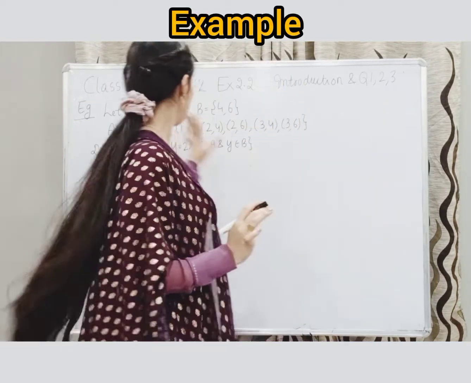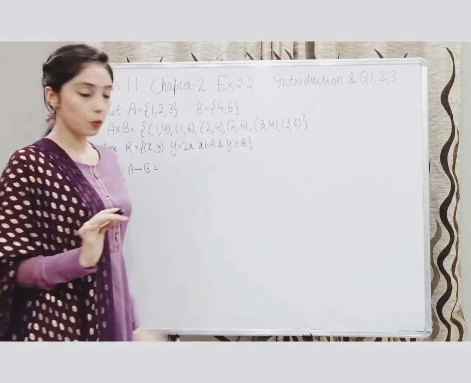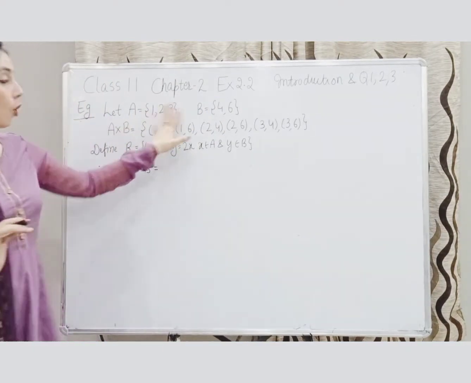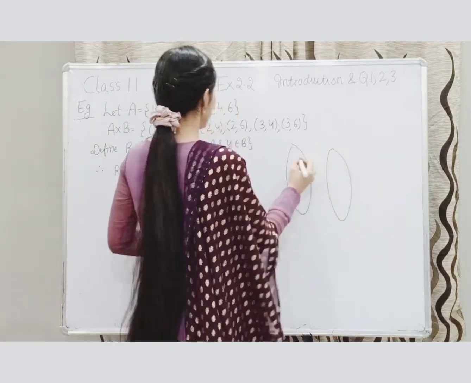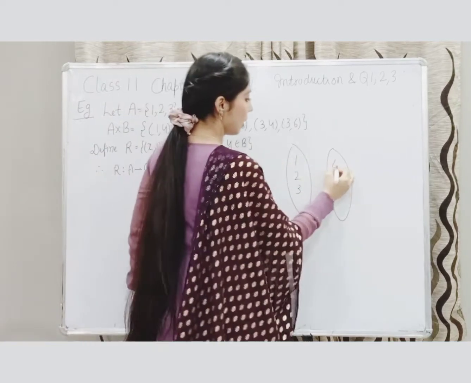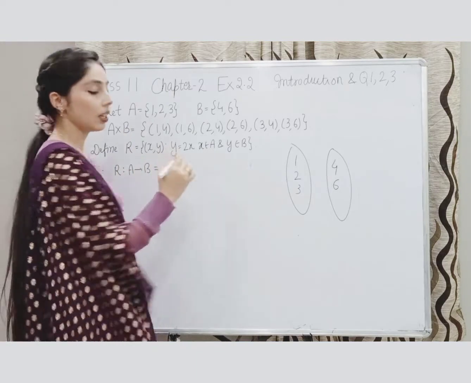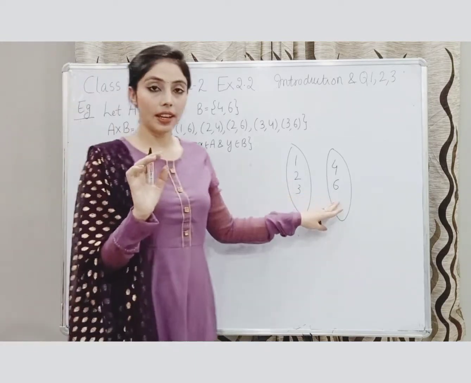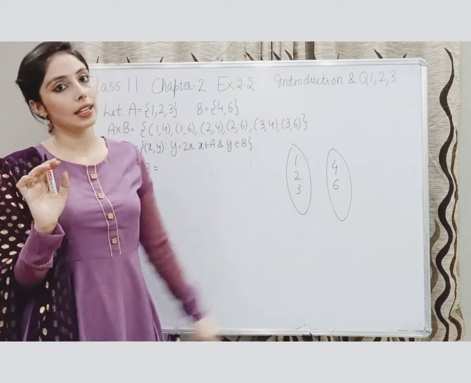Let's take an example. Let A equal {1, 2, 3} and B equal {4, 6}. We know how we can find the Cartesian product. By an arrow diagram we can easily observe which elements will be in the ordered pairs of the Cartesian product.